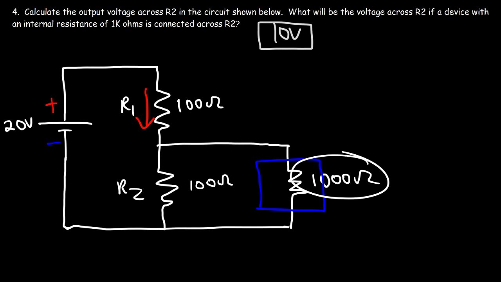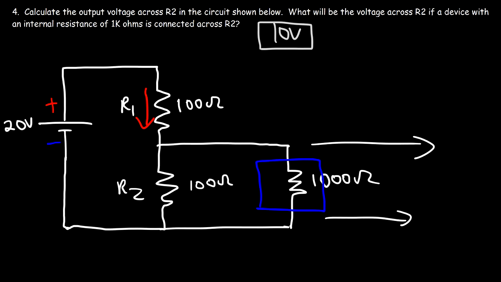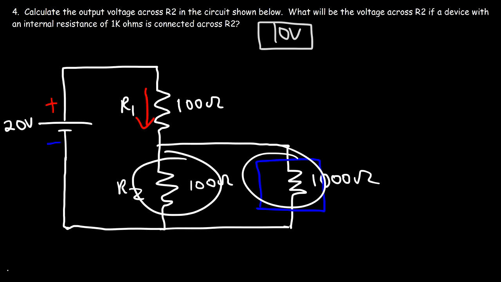So let's calculate the voltage across R2, which is the same as the voltage across the 1000 ohm resistor, when this is 1000 ohms, and let's say when it's 10 ohms. The first thing that we need to do is calculate the equivalent resistance, since these two resistors are in parallel.